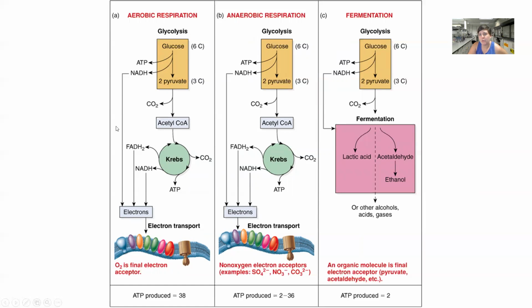The first 3 steps are when glucose is completely oxidized. You do get a little production of ATP via substrate level phosphorylation during glycolysis and the Krebs cycle, but primarily what you're doing is breaking bonds, releasing electrons, and binding up those electrons with electron carriers.